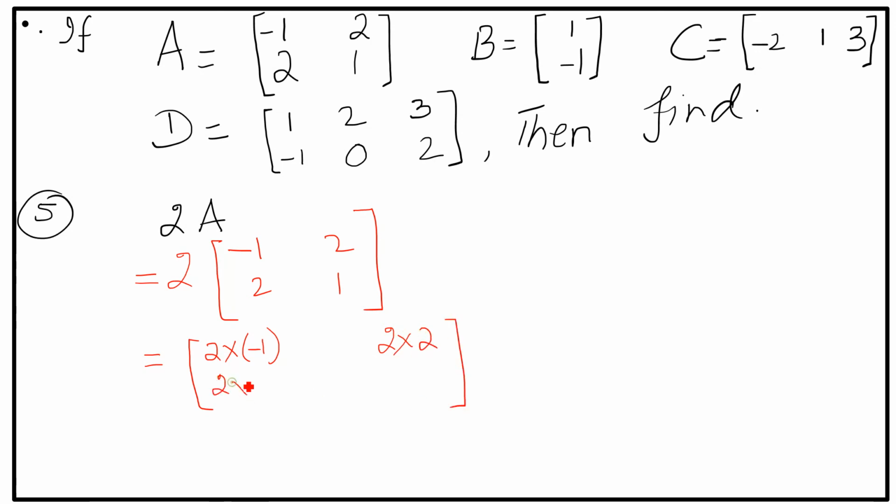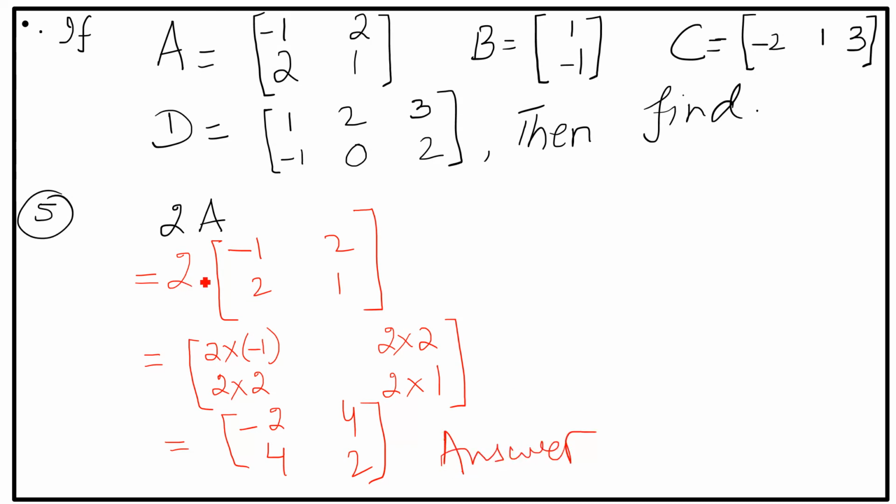Same thing for the second row, 2 by 2 and 2 by 1, this one. So it is equal to -2, 2 times 4, 4 and 2. And this is your answer. If it is outside this matrix, any number 1, 2, 3, 4, 5, whatever, you have to multiply each element with the number what is here, whatever is here.